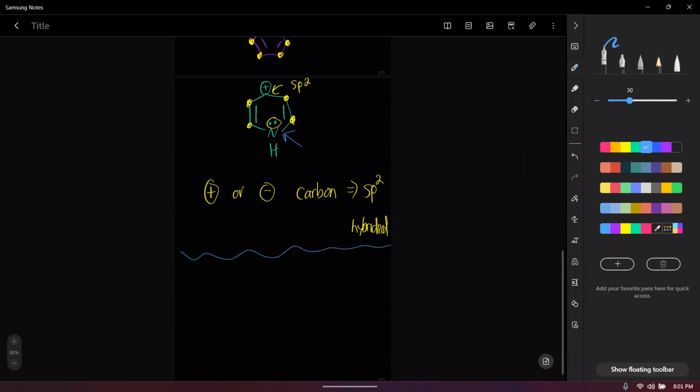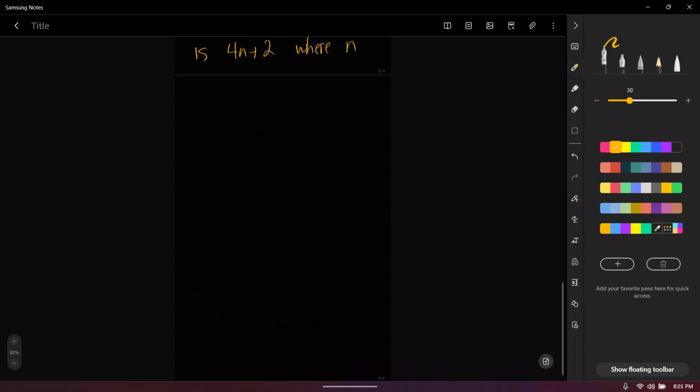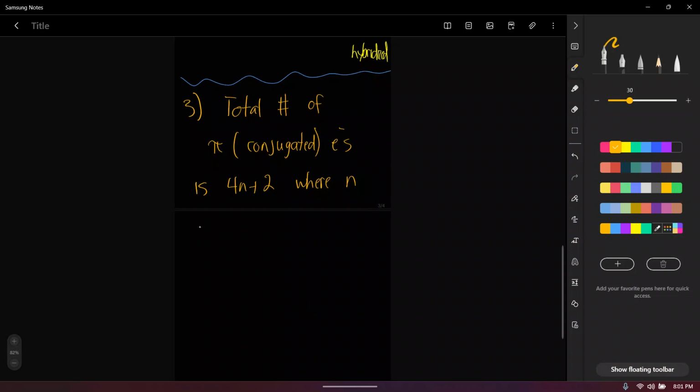Okay. So the final criteria is that the total number of pi electrons, which really just means conjugated, the total number of pi electrons, okay, is 4n plus 2, where n equals a positive integer or 0.